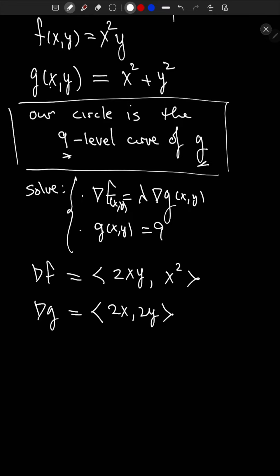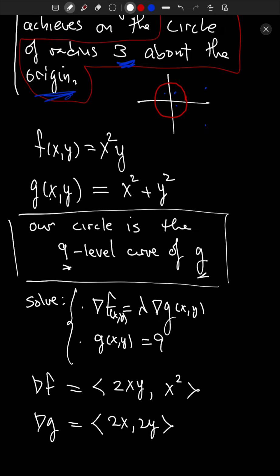Okay, before I continue, notice I always say we're looking for a function g, right? There could be many different g's that you choose. I chose this particular one, x squared plus y squared, because it's a nice, simple function. But you have a lot of options. You could do g of x comma y equals x squared plus y squared plus 10, and that would work just as well, as long as your circle is a level curve of the function that you discover.